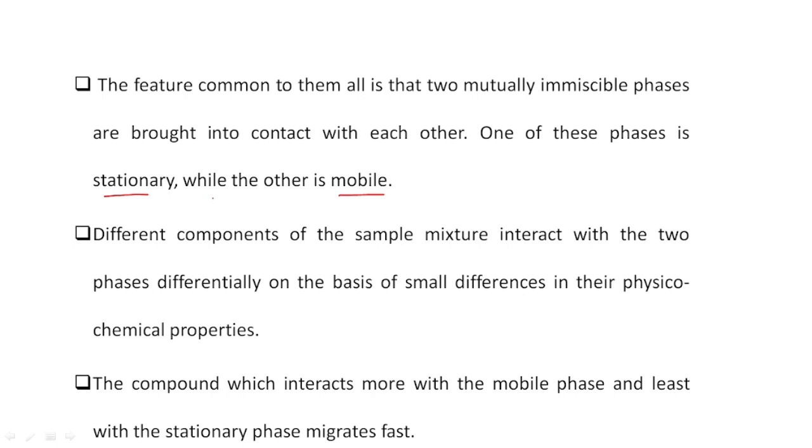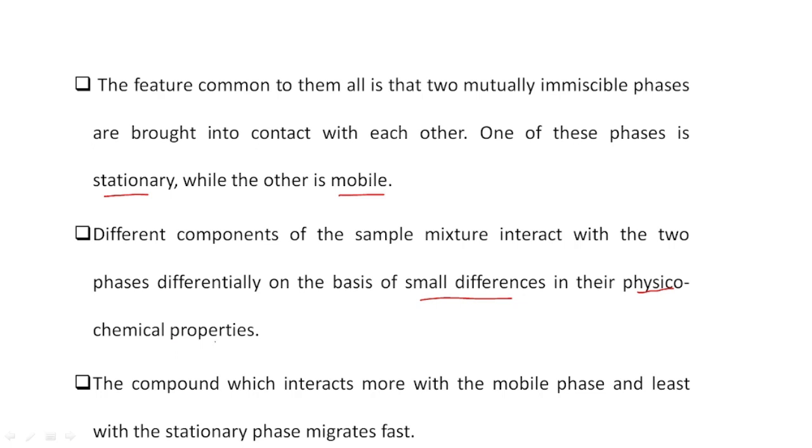For example, water and oil are immiscible phases. Like this, here we will take two immiscible phases. With the two immiscible phases, our components differ in their interaction because of small differences in physical and chemical properties.